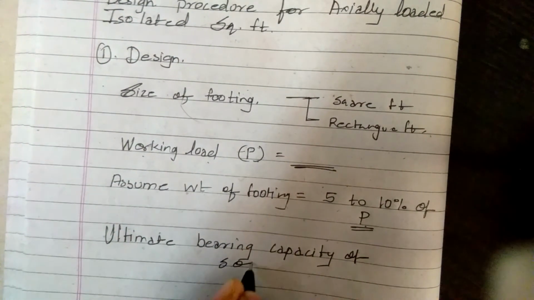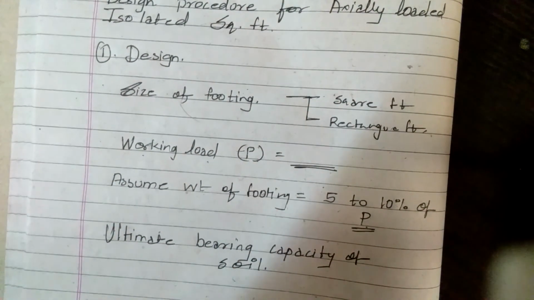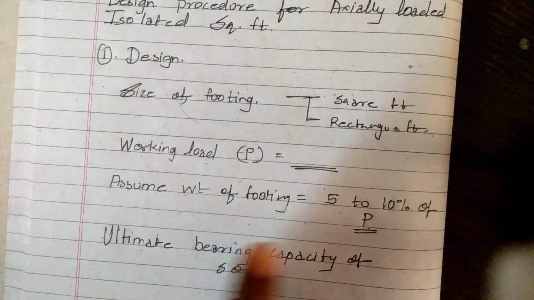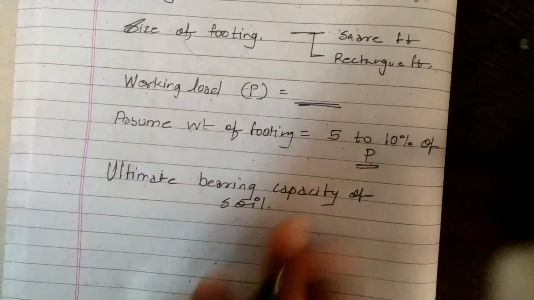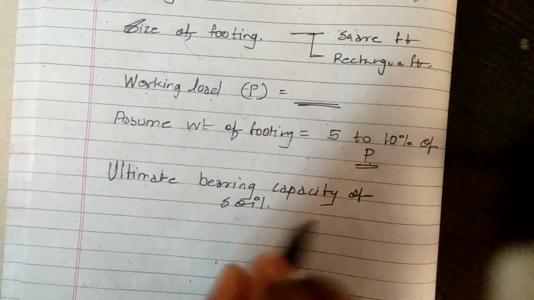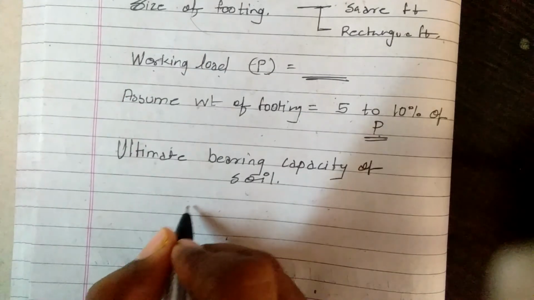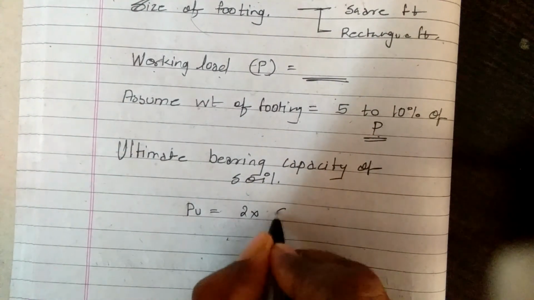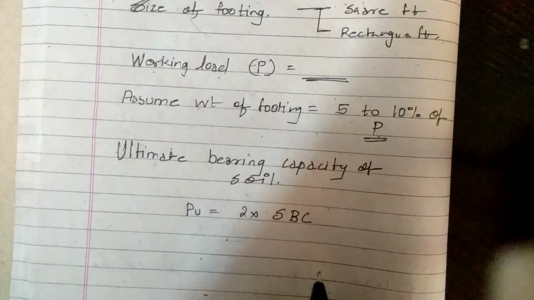Our foundation is going to transmit the load over the soil. So the value of the ultimate bearing capacity of soil is also important. So Pu is equal to 2 times the soil bearing capacity, short form SBC.